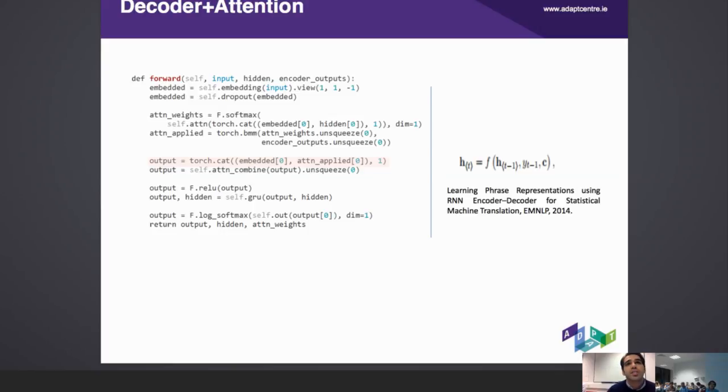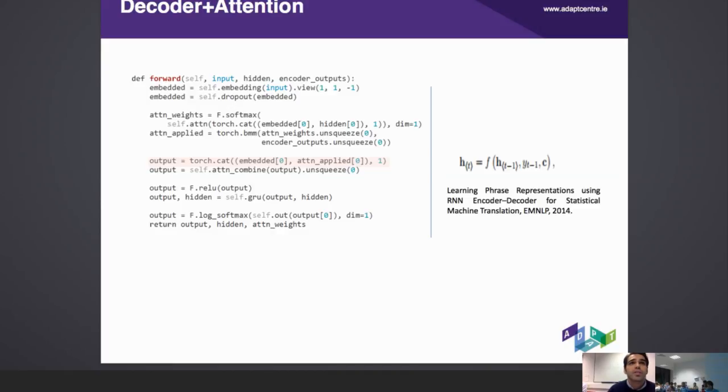The reason is this: if you look at the original paper of the encoder-decoder model, which was proposed by Cho in 2014, the output for the decoder is generated by this function. This is a screenshot from the original paper. So we feed the output function with the hidden state, with the current word, and also with the context.